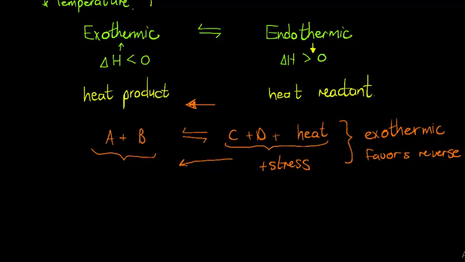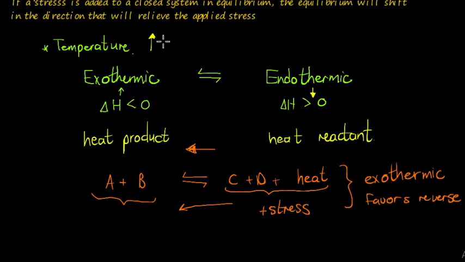Now I could also decrease temperature. So if in an exothermic reaction I wanted to produce more products, then obviously I should take away this heat. I should try and remove heat from the system, because by removing heat from the system, unfortunately all the reaction rates are decreasing.